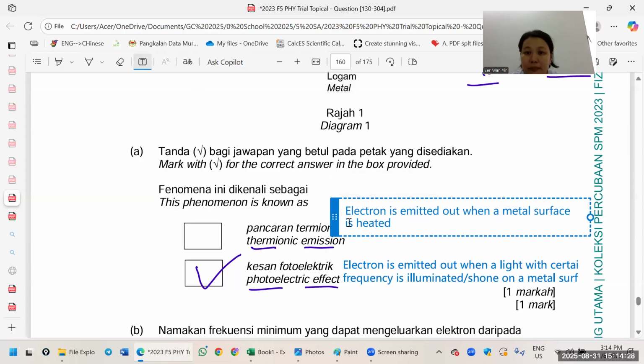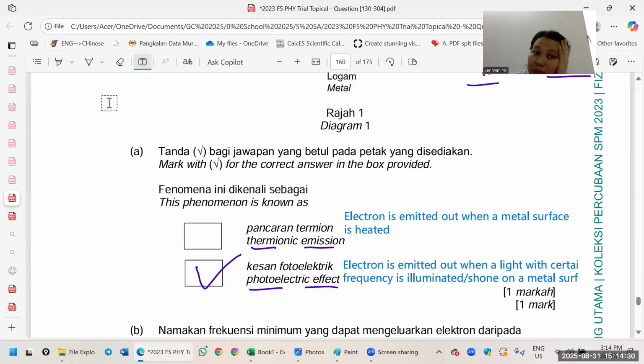So they look like the same. Electron is emitted. Problem is this one use light, this one use heat. Can I say conductor? Metal conductor. Normally textbook always say metal lah. Okay, metal surface.